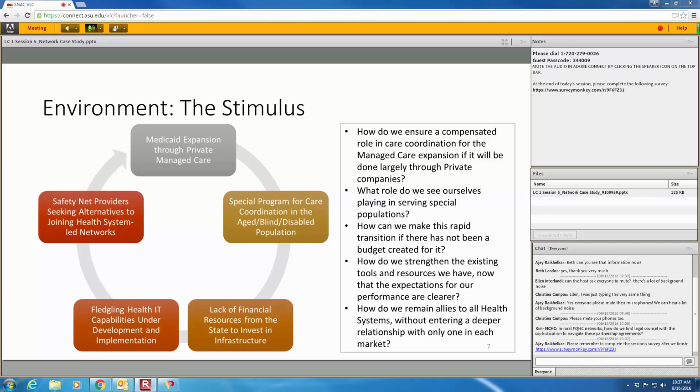These plans are not interested in waiting for the safety net to come around to the idea that they want to be a part of that infrastructure. Given their really aggressive timelines for implementing a health plan in a given market or state, they most of the time will defer to building everything they need themselves.